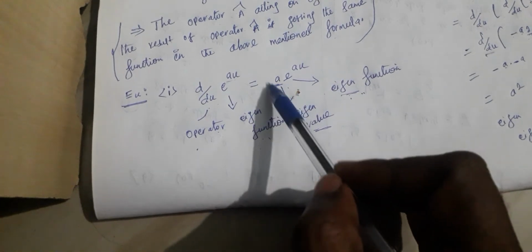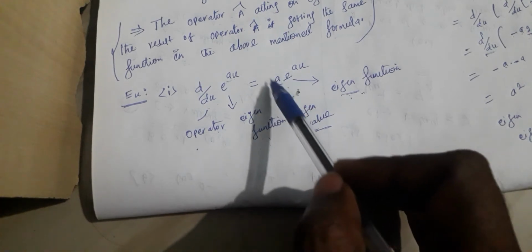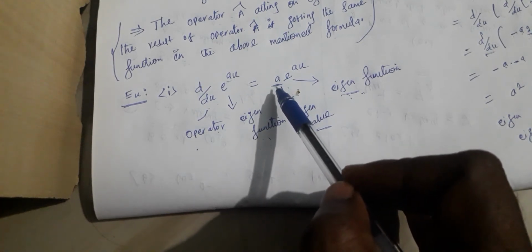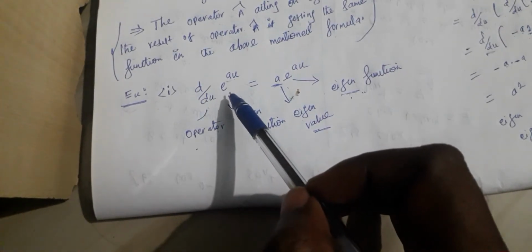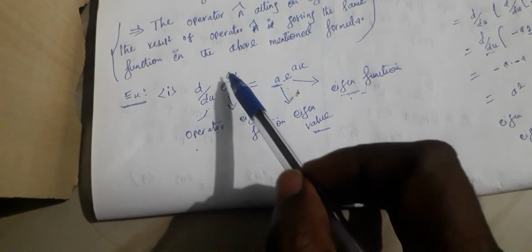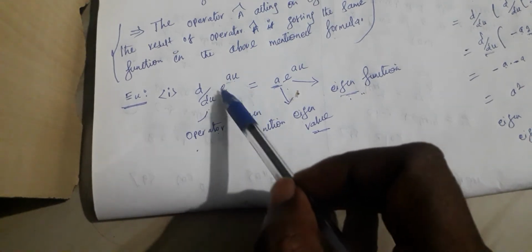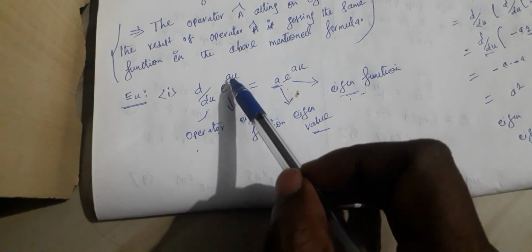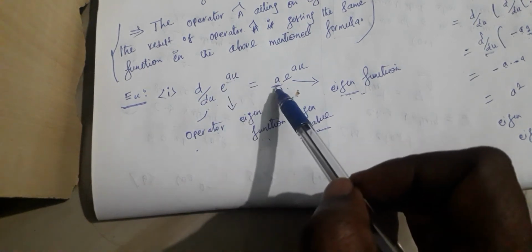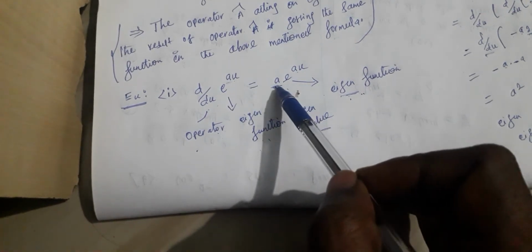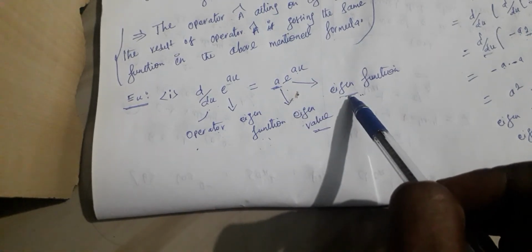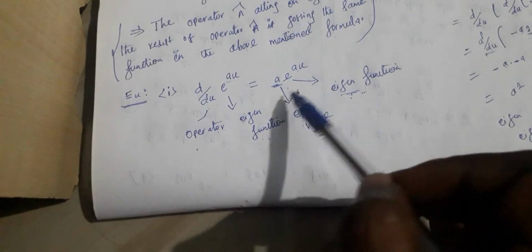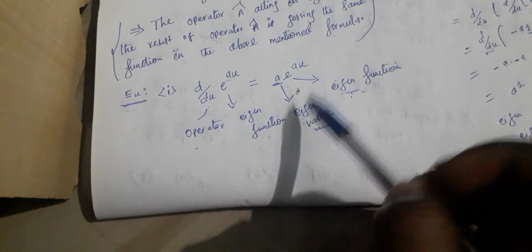One new term is there: a is the new term in the product, and this is the eigenvalue. Again, if you differentiate e power ax, a comes in front and the remaining e power ax we put. So a is the eigenvalue and e power ax is the eigenfunction. Now we can easily answer: option a is the answer.